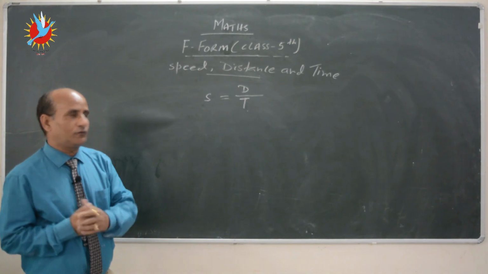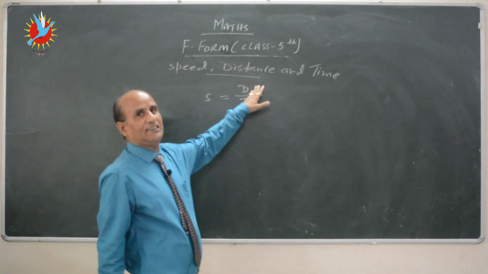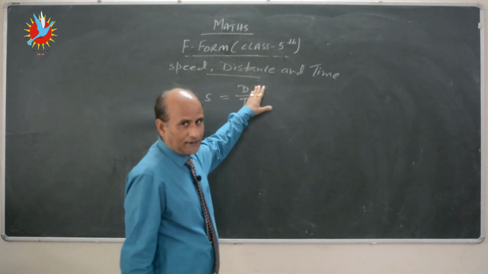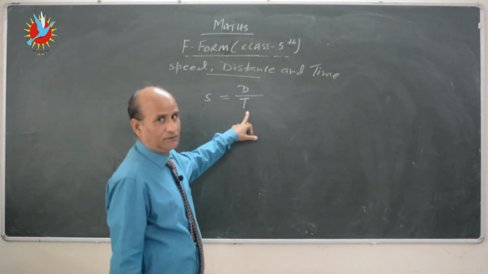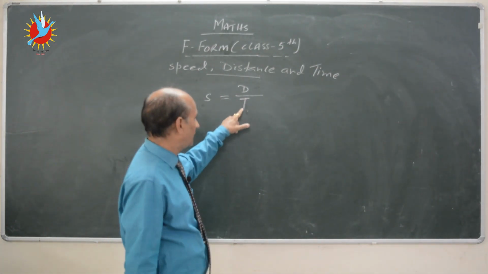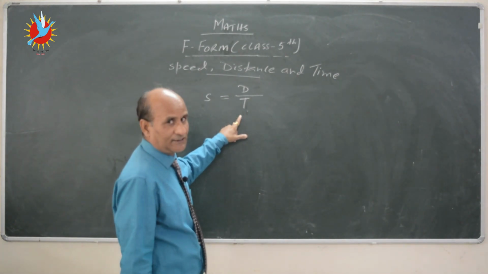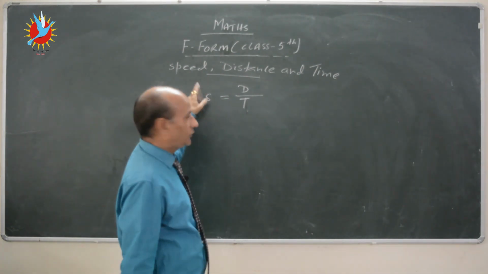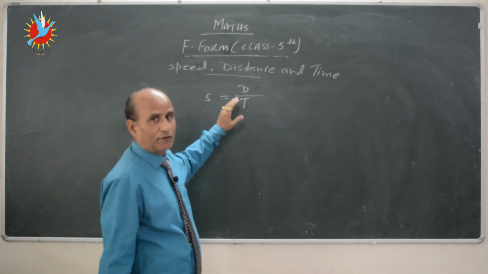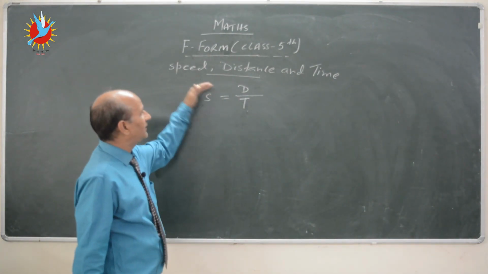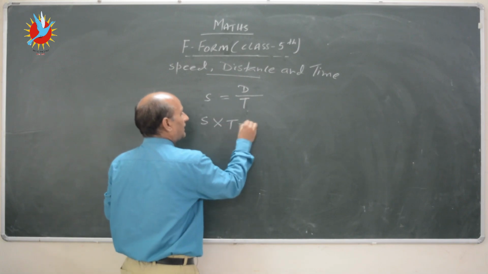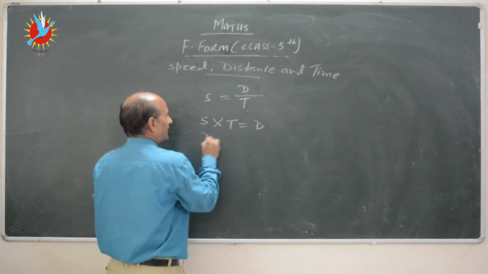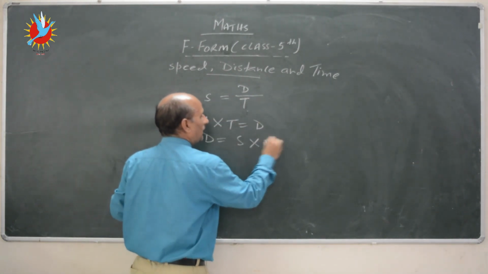Suppose you want to find the distance traveled by any object, then speed and time must be given. So first transfer this t to this side. Here it is divided. When you transfer it to this side, then it is multiplied. So s multiplied by t is equal to d. That is, d is equal to s multiplied by t.